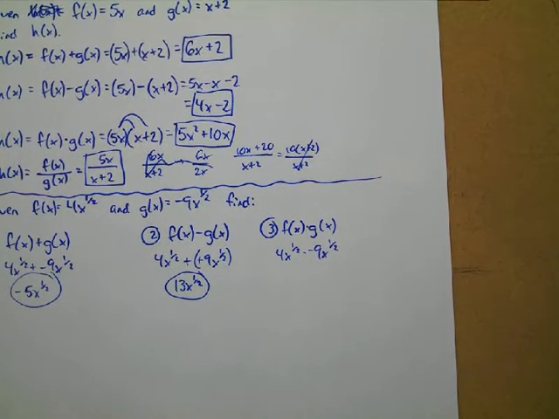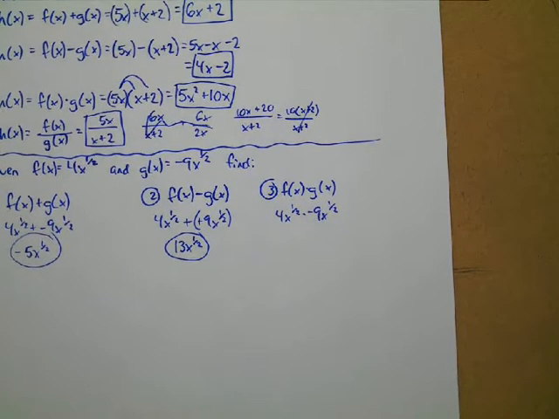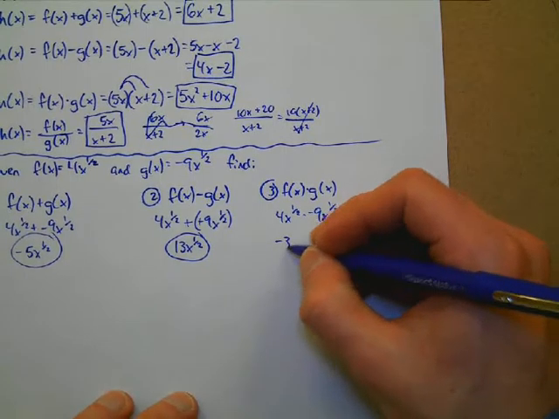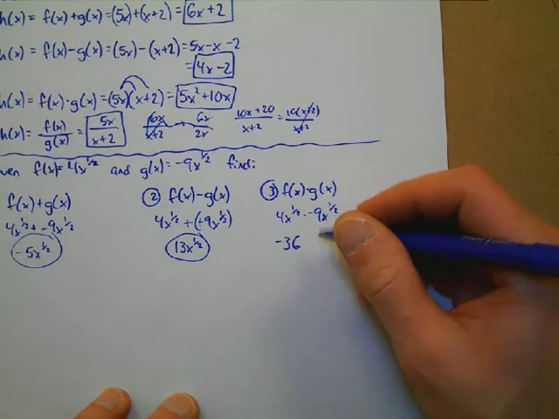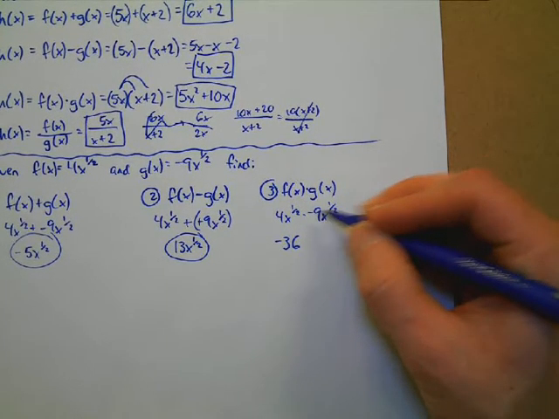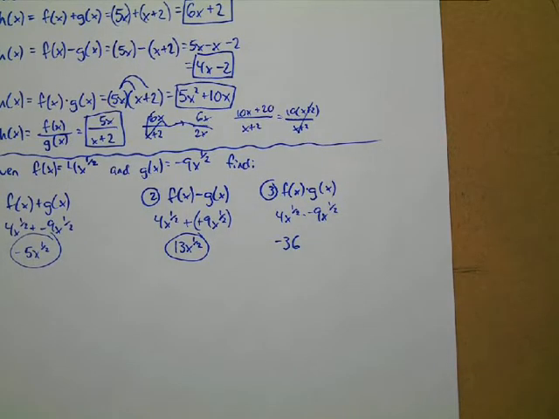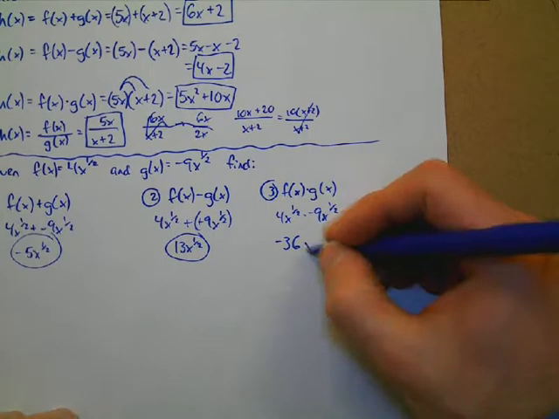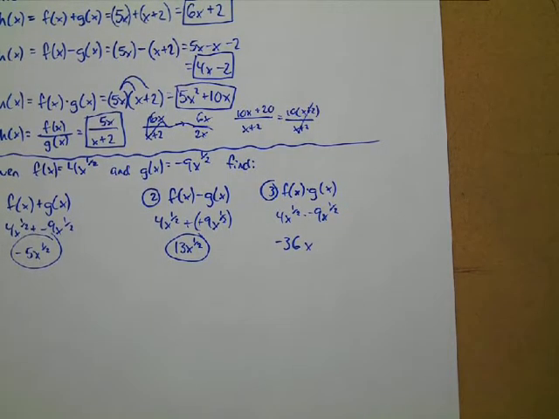So it'll be negative 36, yes. 4 times 9 is negative 36, and then x to the 1/2 times x to the 1/2. It'll be negative 36x to the 1, yes, very good. Is that what you said, Connor, 2x to the 1? When we multiply numbers that have the same base, we add their exponents.